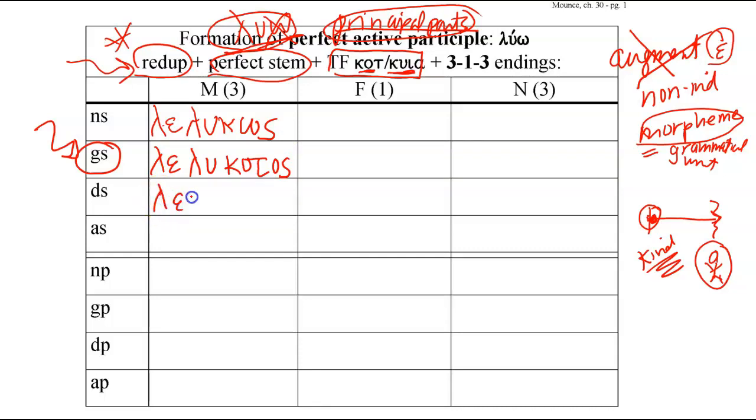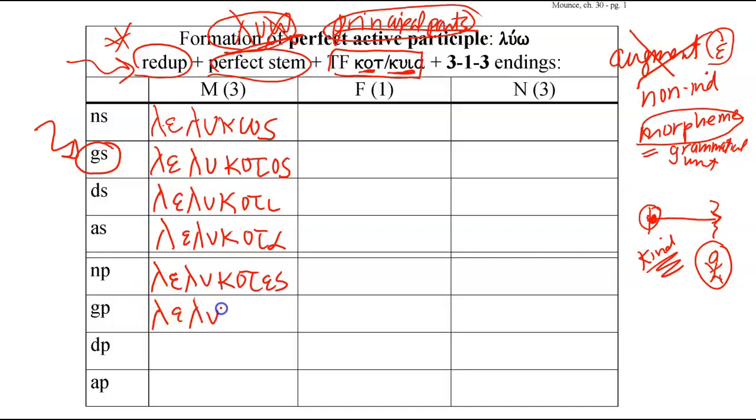The dative singular is lelukoti. The accusative singular is lelukota. The nominative plural is lelukotes. The genitive plural is lelukoton.